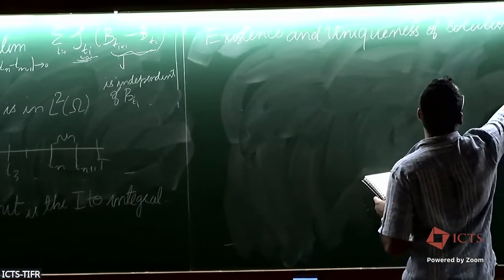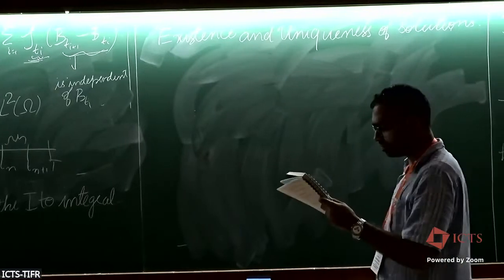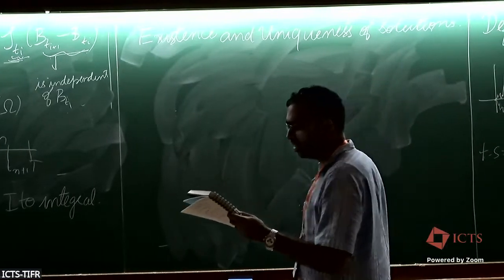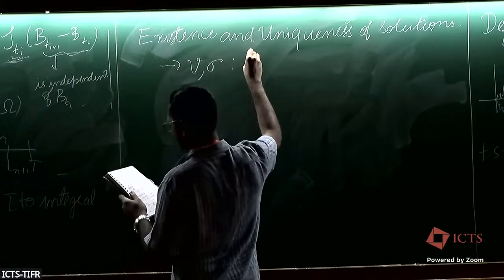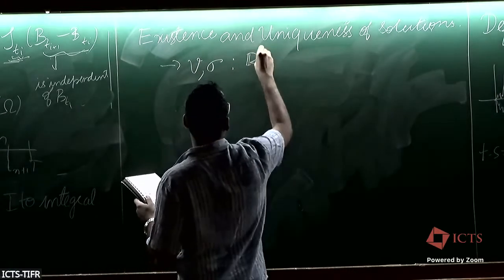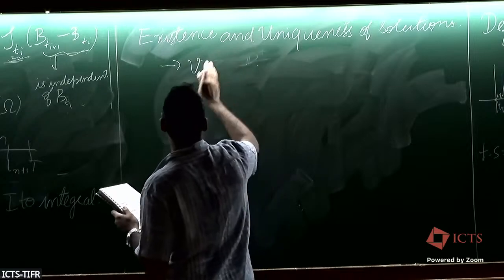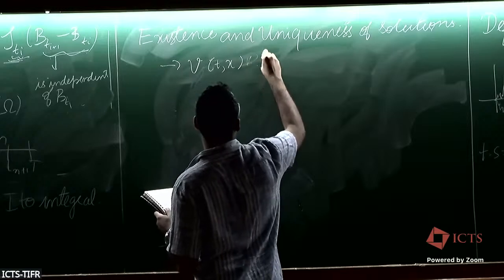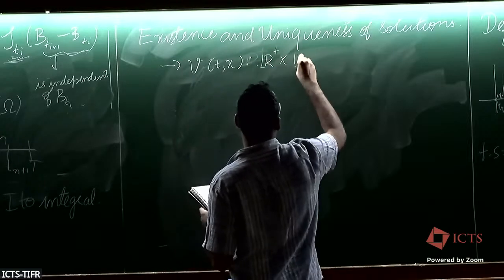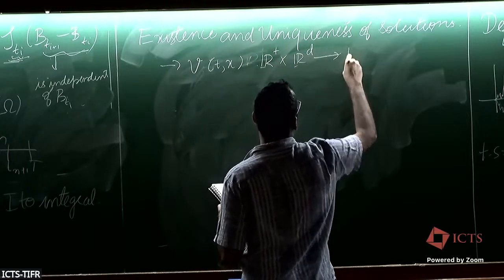So let's for now think of the simplest case. The velocity field v of t comma x is a function from R plus times R^d to R^d.